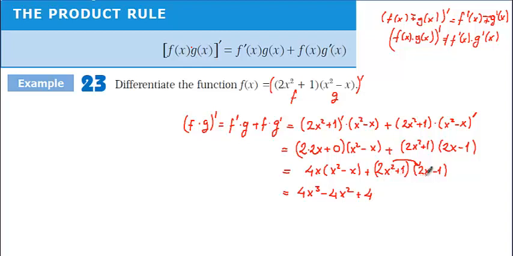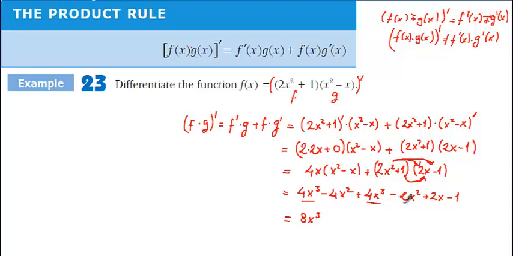Now when you multiply the other two, 2x squared times 2x is 4x cubed. 2x squared times minus 1 is minus 2x squared. 1 times 2x is 2x. 1 times minus 1 is minus 1. Now we have 4x cubed and 4x cubed, so that's 8x cubed.